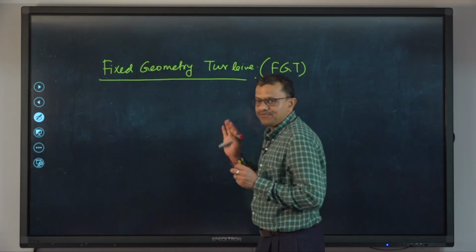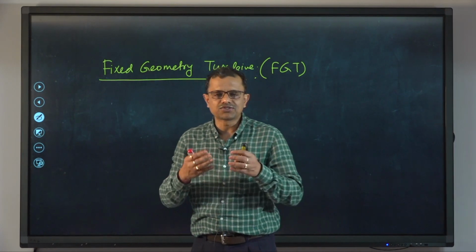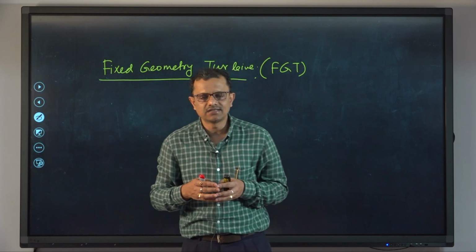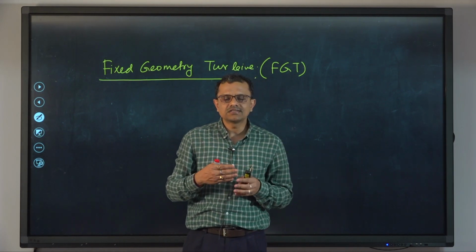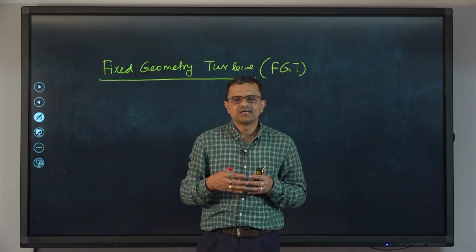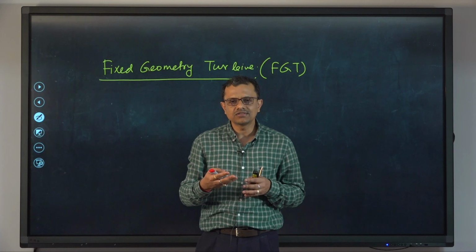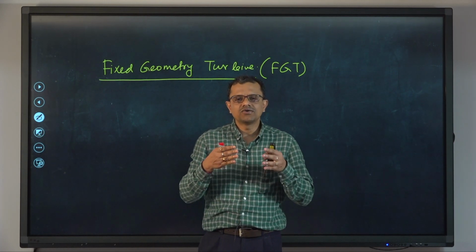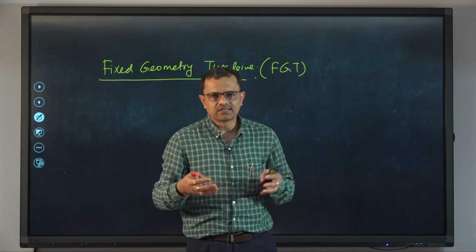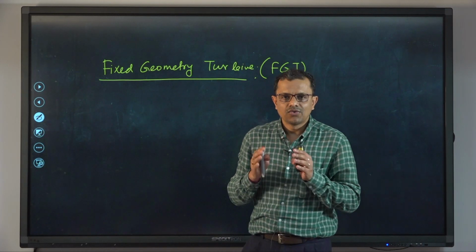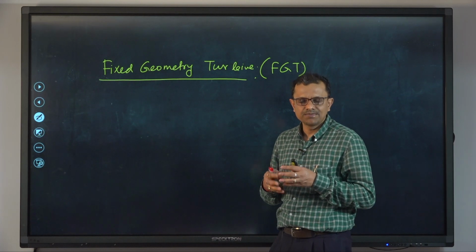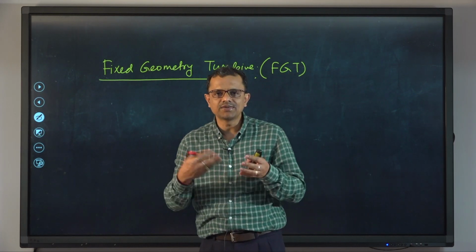Using a fixed geometry turbine, if we need to boost the pressure ratio for a wide range of engine speed, turbochargers need to be operated at high pressure ratios and at high rotational speed for a wide range of flow rates.